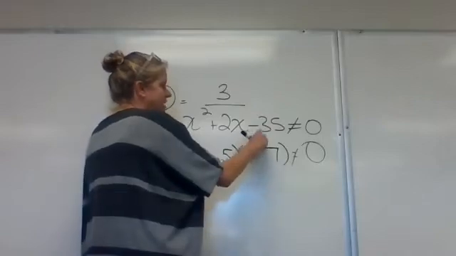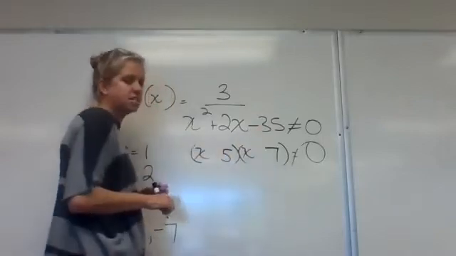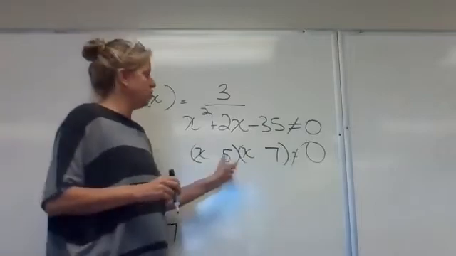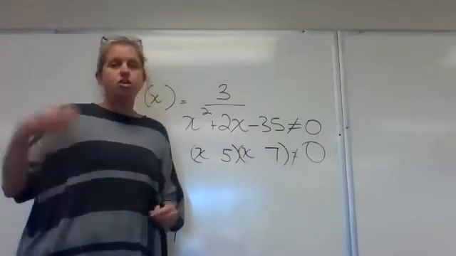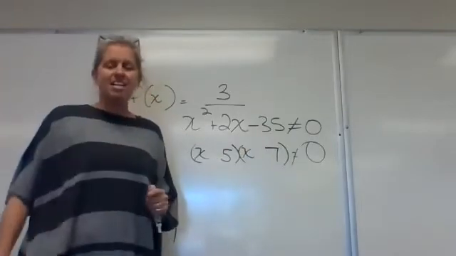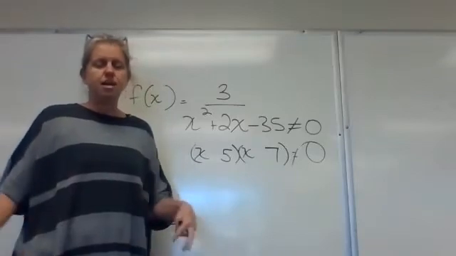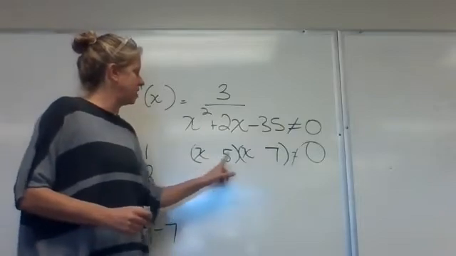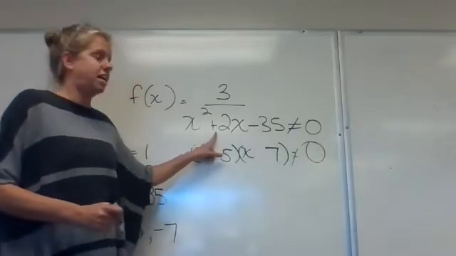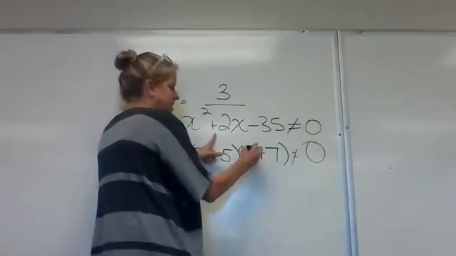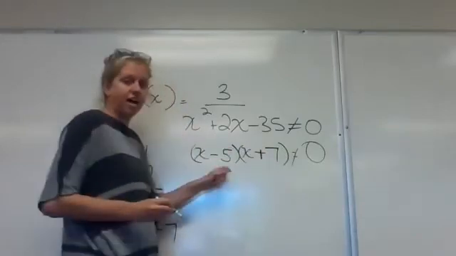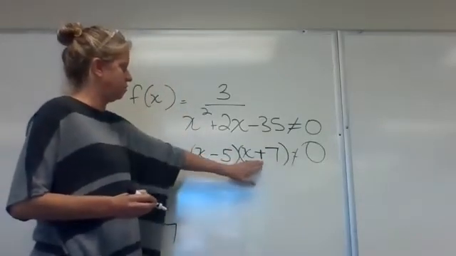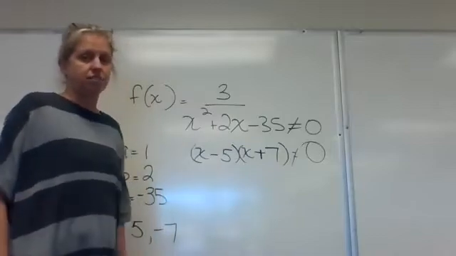They have to multiply to negative 35 and add to positive 2. When you're multiplying to equal a negative, you know you have to have a positive number and a negative number. If I'm going to manipulate my signs so that when I add these two together it ends up positive 2 instead of negative 2, that means my 7 needs to be positive and my 5 needs to be negative, right? You need more positive if you're going to end up positive.